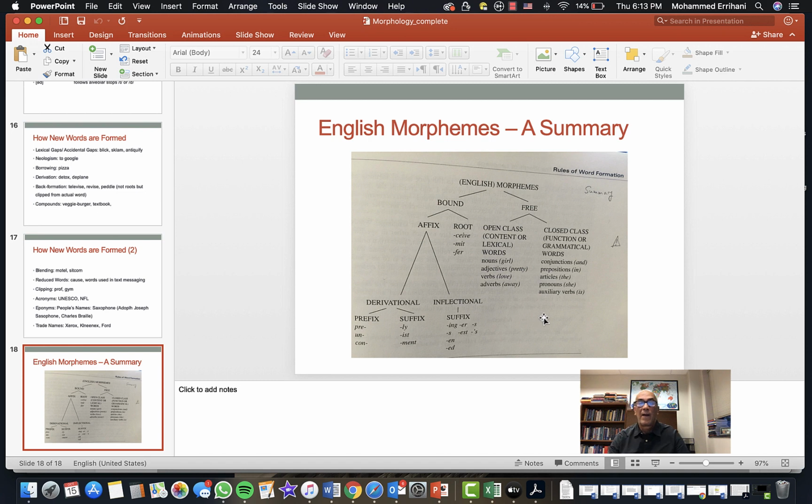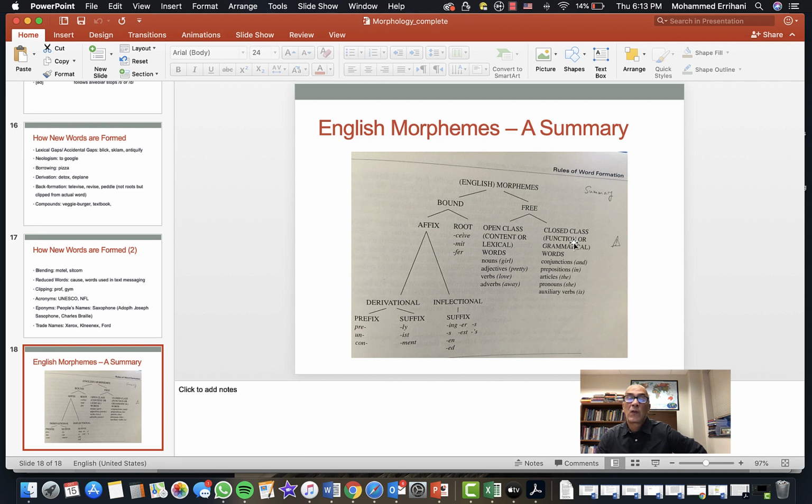I don't have the page number, but English morphemes, as you can see, consist of free morphemes or bound morphemes. Free morphemes can be open class, content, or lexical words, such as nouns, adjectives, verbs, and adverbs.